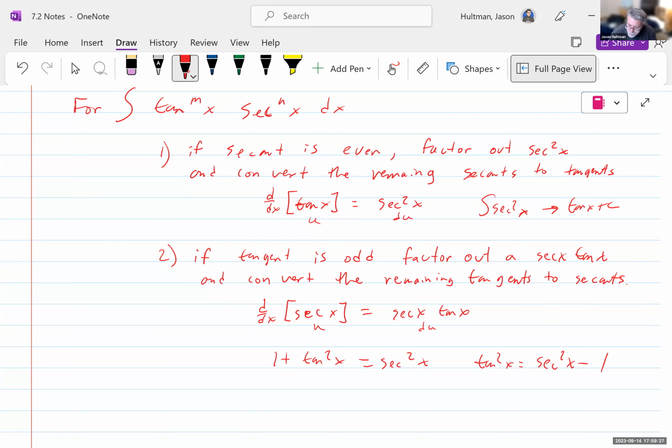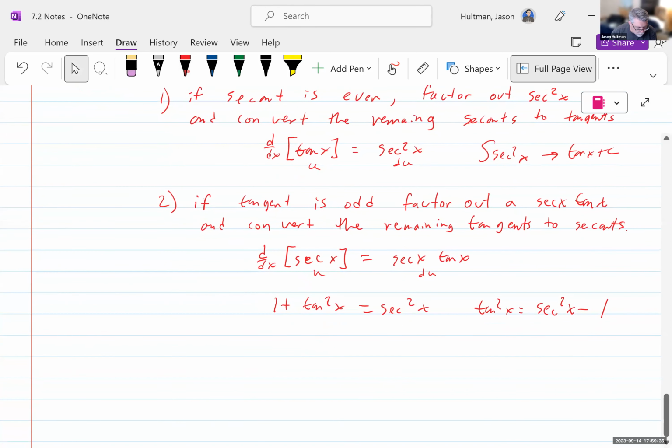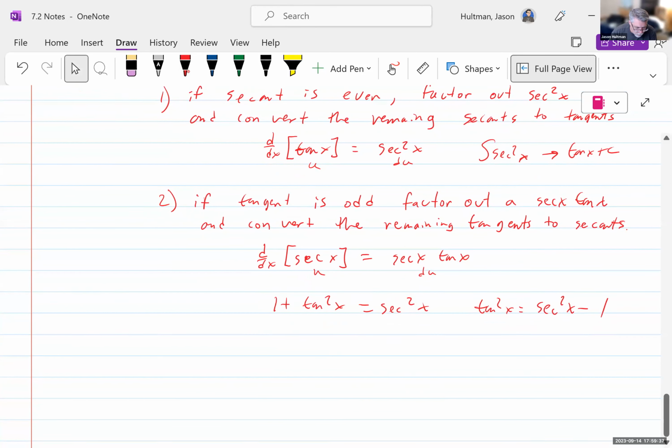Does that make sense? Okay, for other cases, number 3, for the other cases of these, use integration by parts.